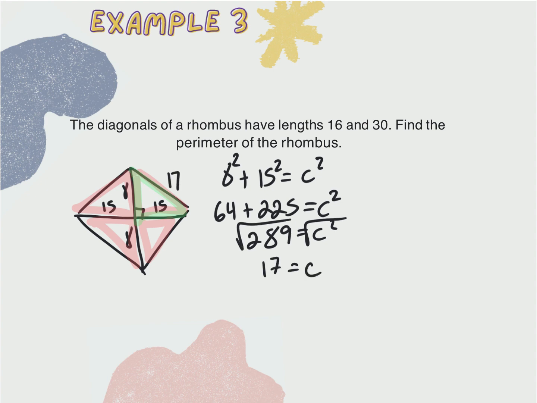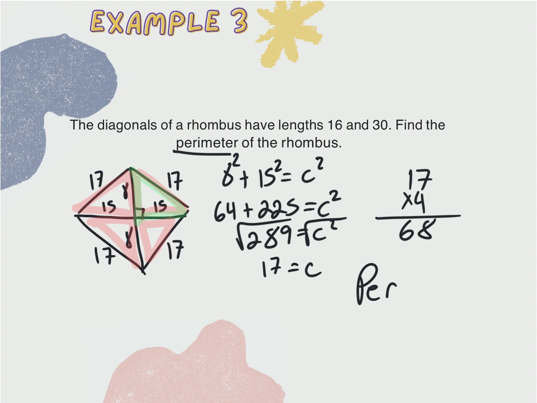When we solve for it, the 17 is only for that one section. Because we know a rhombus is equal throughout, I can use 17 for all of them. I'm doing this because they're asking for the perimeter, not just the hypotenuse. So I have to do 17 times 4 to finish answering the question, and that gives me 68. So our perimeter for this rhombus is 68.